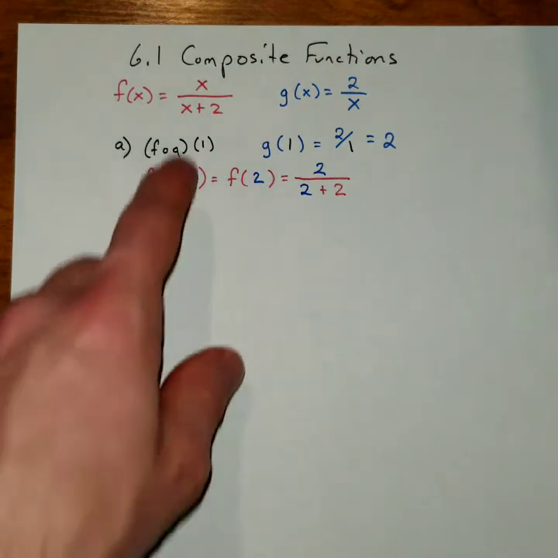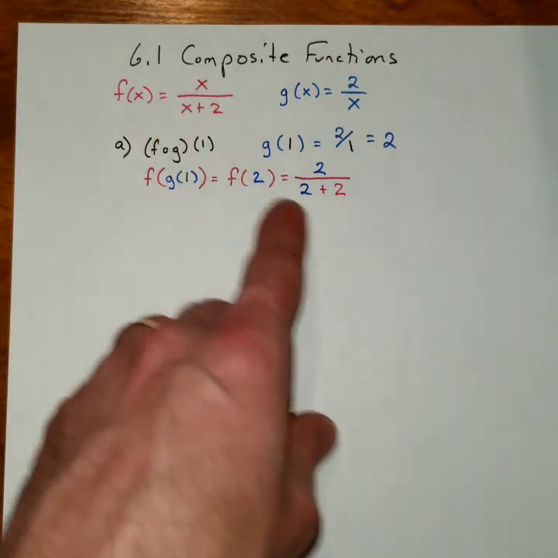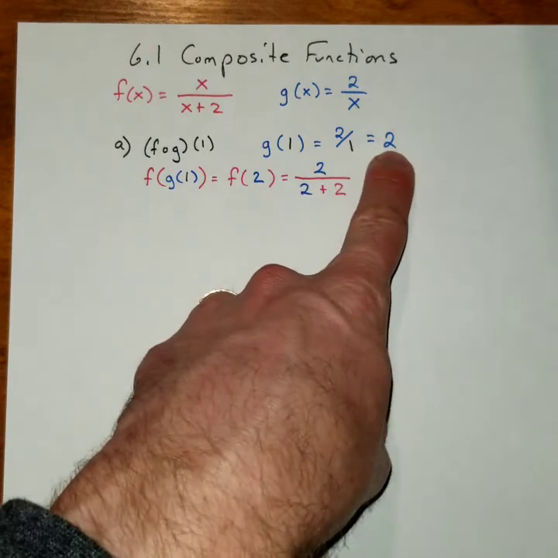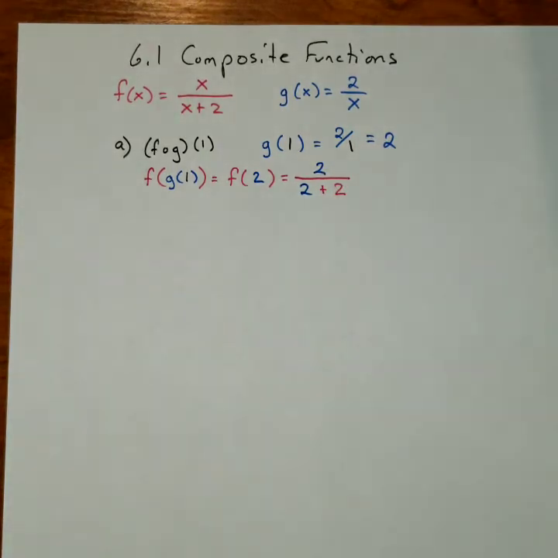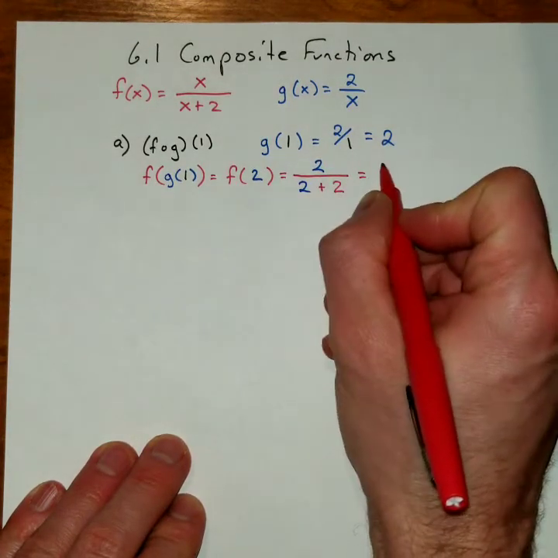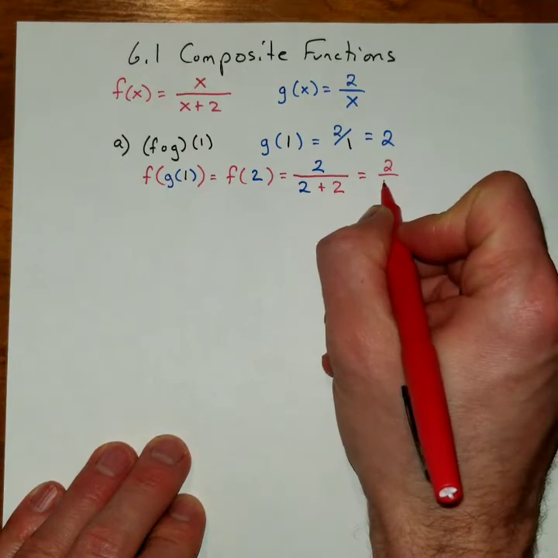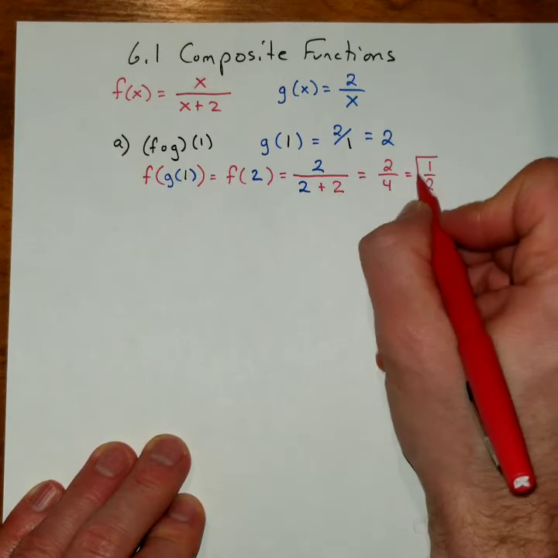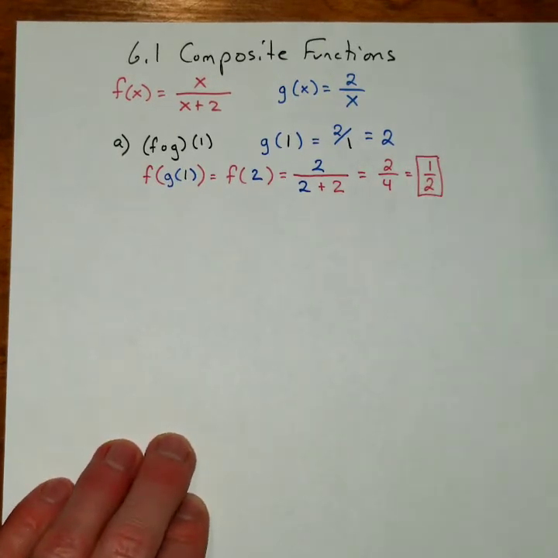Notice how each of the x's in the f function again becomes the 2 that we're inputting, which happen to be the output from the g. Then we simplify this down. This will become 2 over 4, which reduces down to 1/2. So f of g of 1 is equal to 1/2.